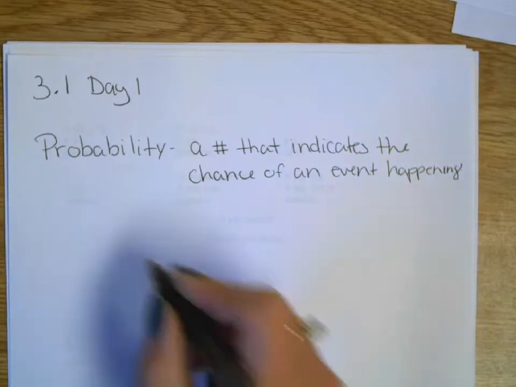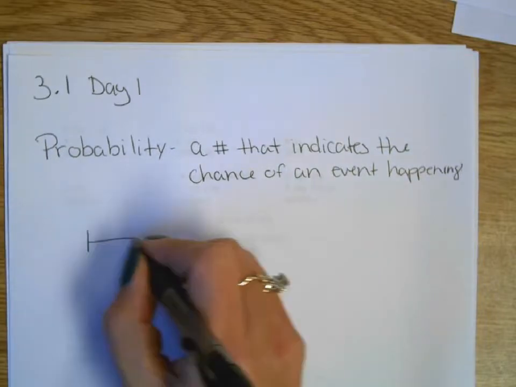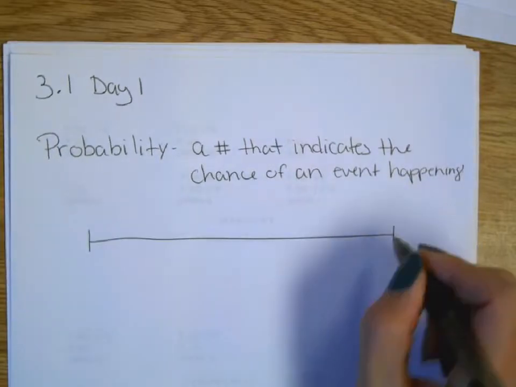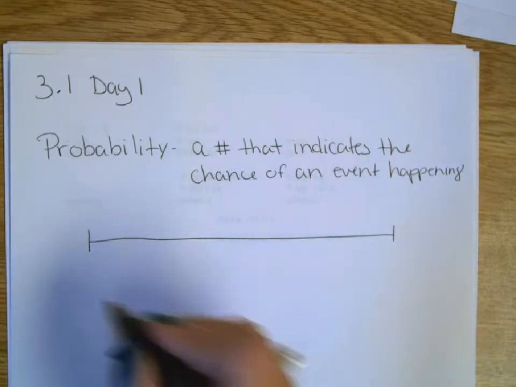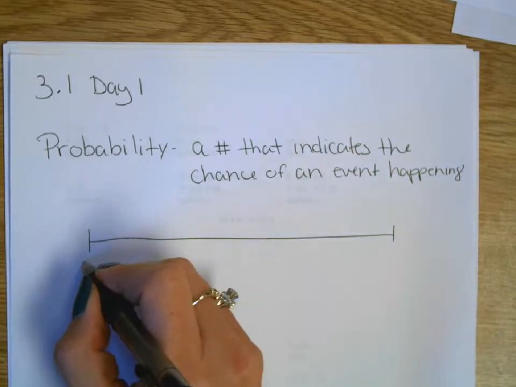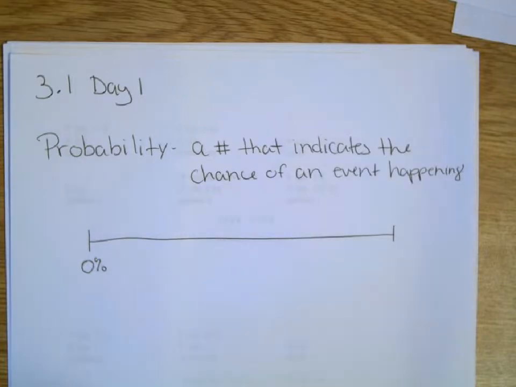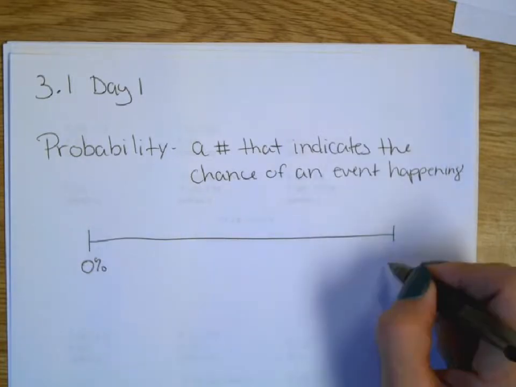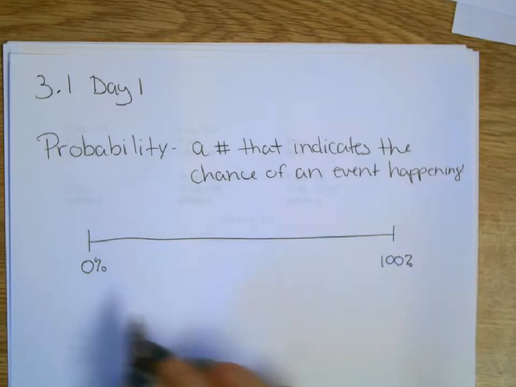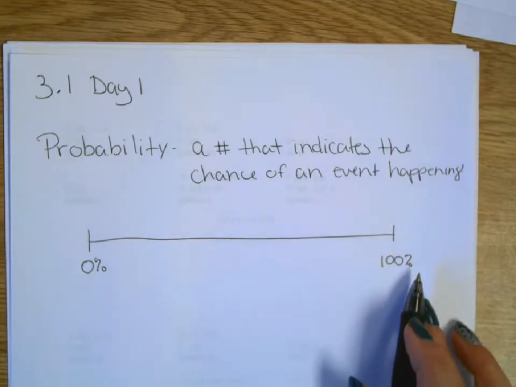And if you remember our probability scale, it goes from 0% chance of something happening all the way to 100% chance of something happening. So nothing below 0%, nothing above 100%.